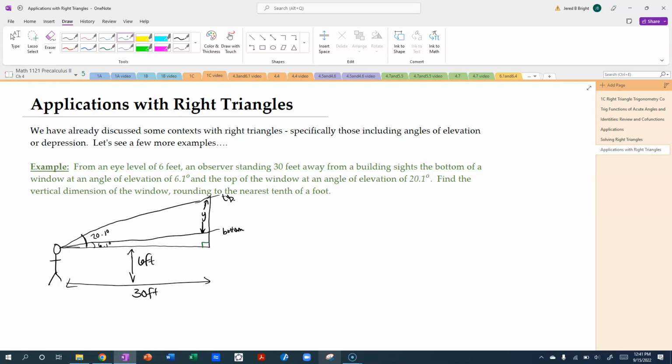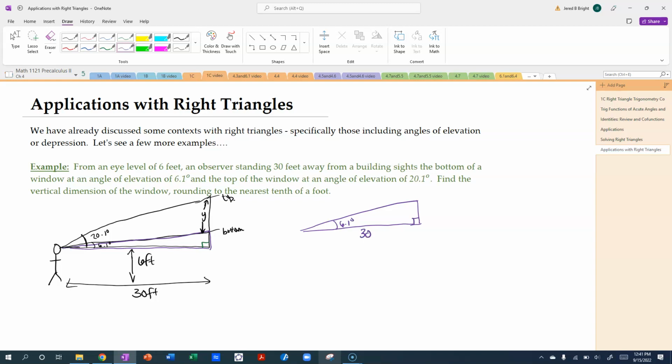There's one, which is this smaller one. I'll outline it in purple. If I expand that out, it looks something like this. Very small angle. We know that this is 6.1 degrees, and this would still be 30.